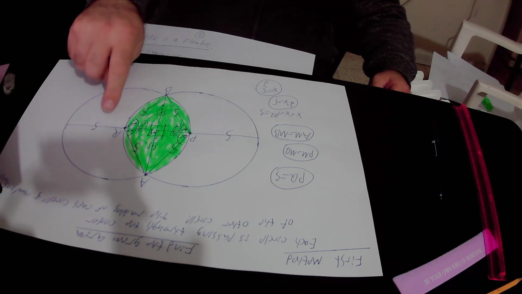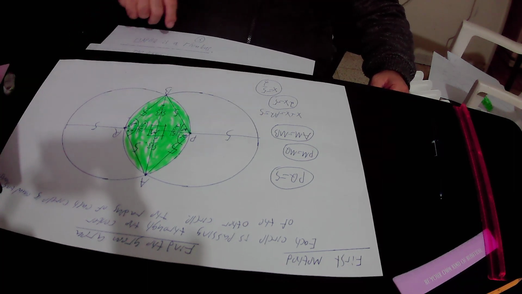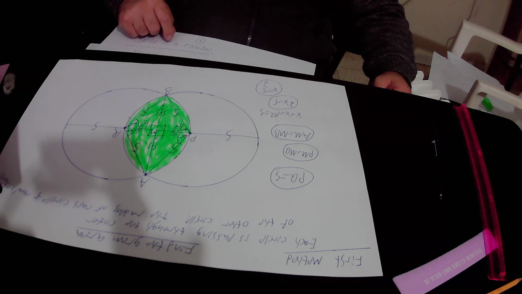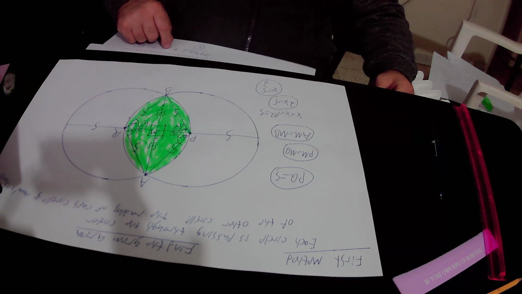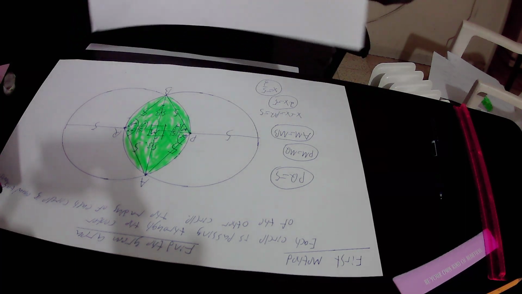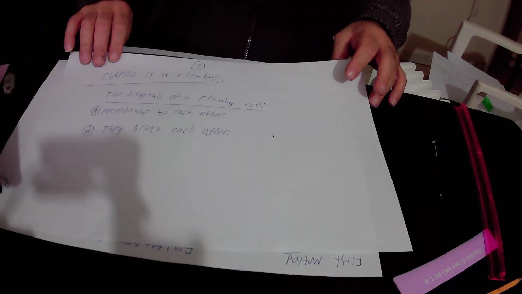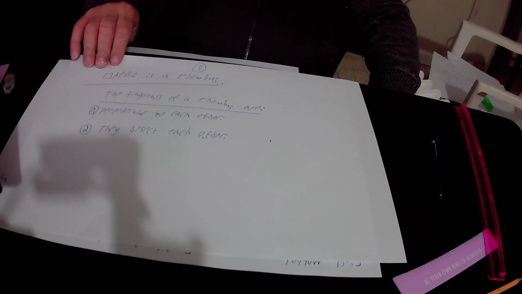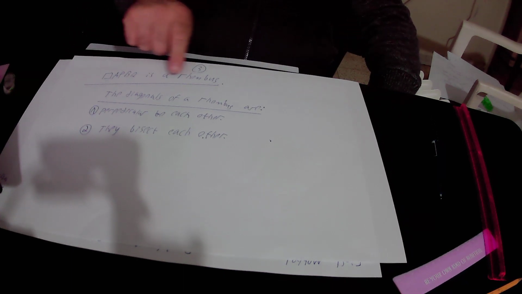PQ is the second diagonal of this rhombus, and we have two characteristics that are true for the diagonals of a rhombus.